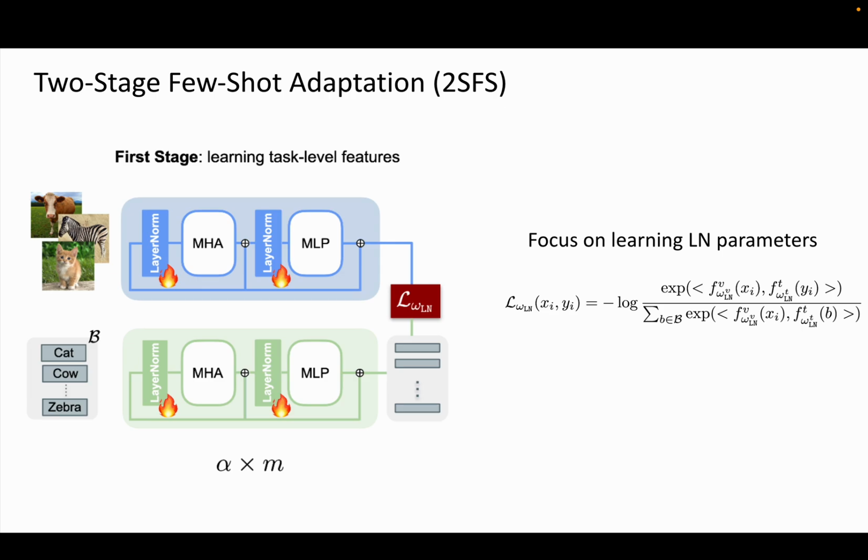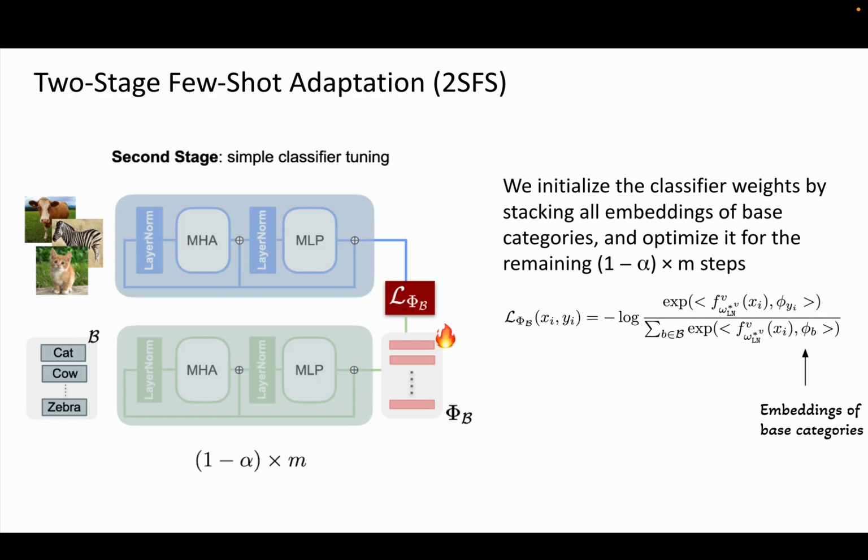In our case, it is going to be layer norm, and we train with a standard supervised objective with the data points that we have. And assuming a computational budget of M total iterations, we only do a fraction alpha of them in this stage. Alpha is the only hyperparameter we have here.